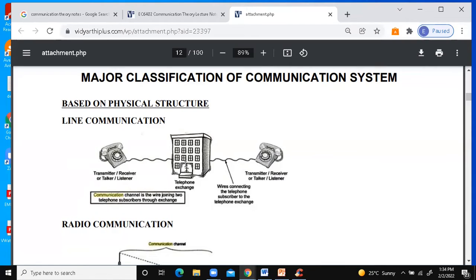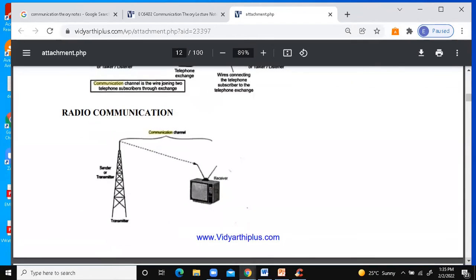So all that information is transmitted over wire. Then you have radio communication.